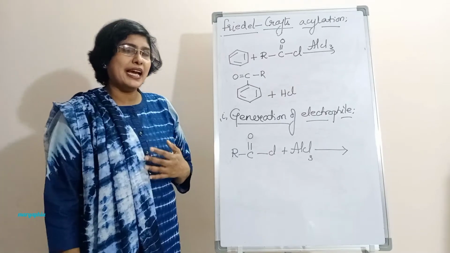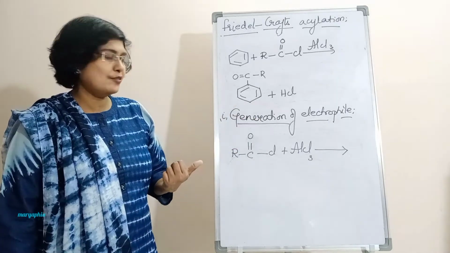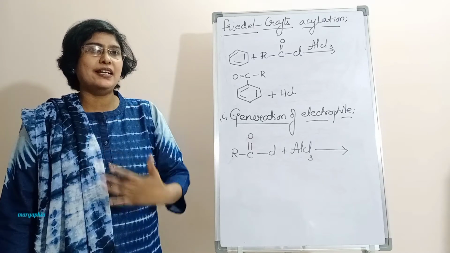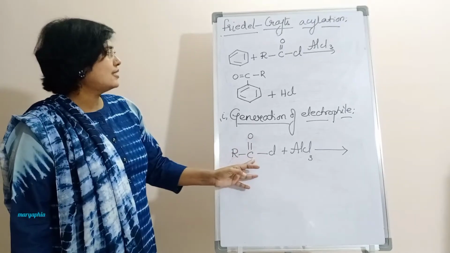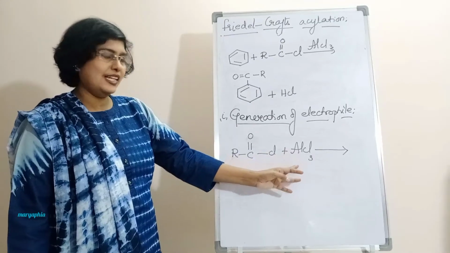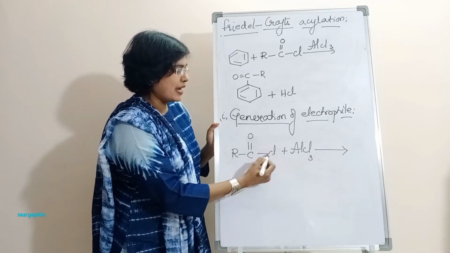Now if you look into the mechanism, first step as usual, generation of the electrophile. So how the electrophile is being generated and what the electrophile is. RCOCl, acyl chloride, plus AlCl3. So here what happens is AlCl3 takes up this Cl minus.